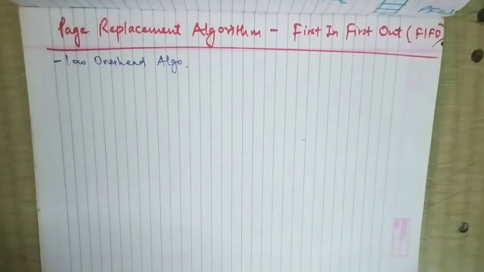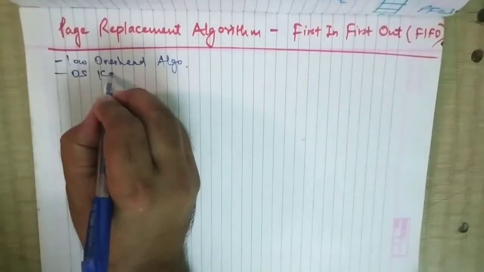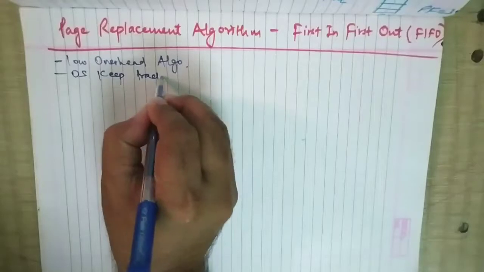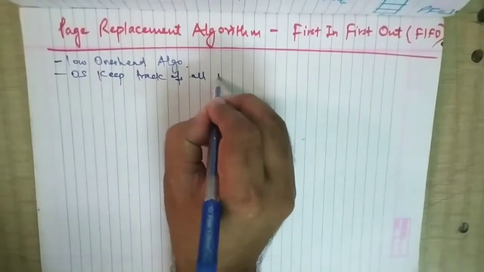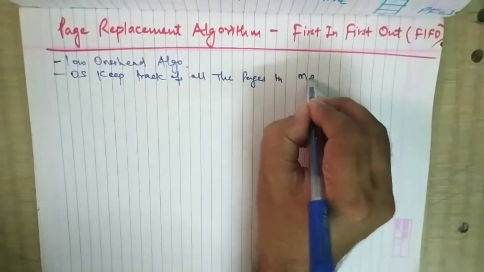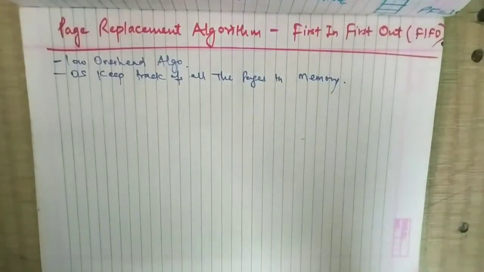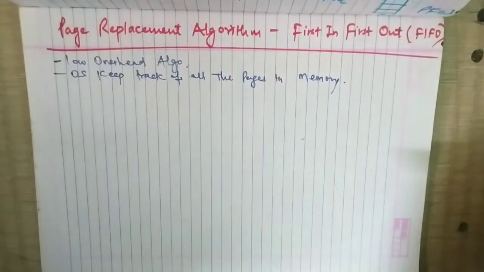The OS keeps track of all the pages in memory in a queue, with the most recent arrival at the back.